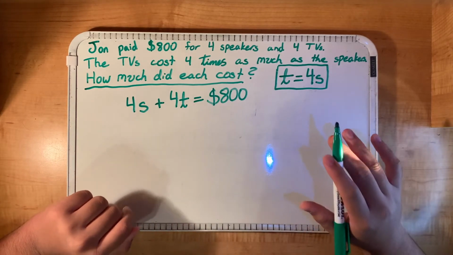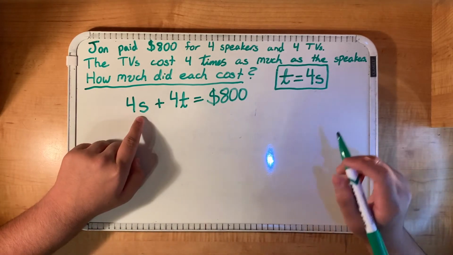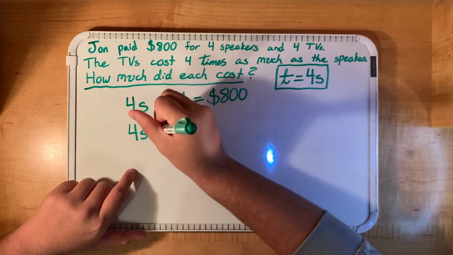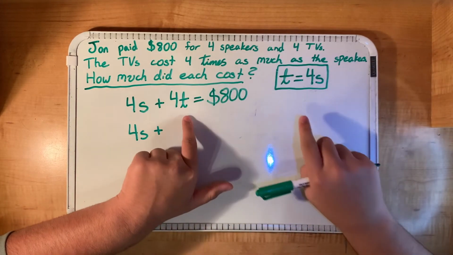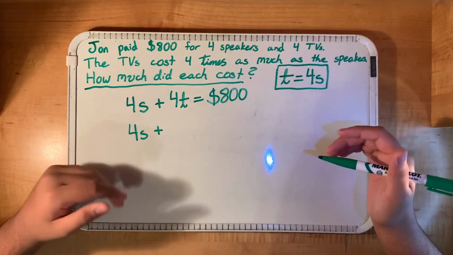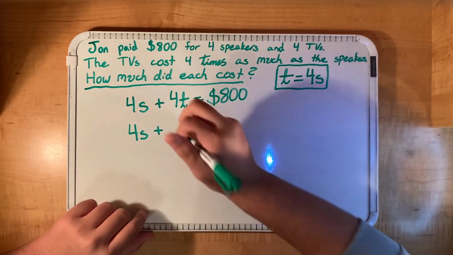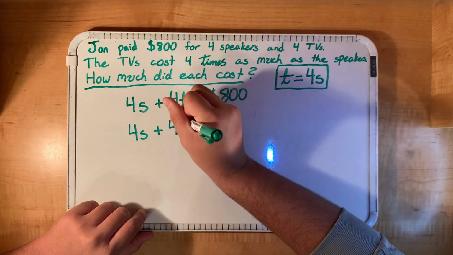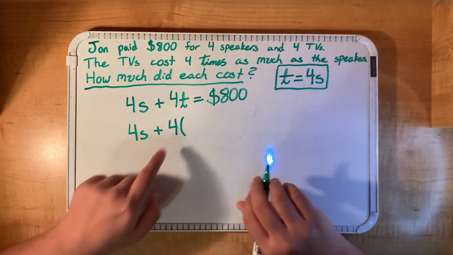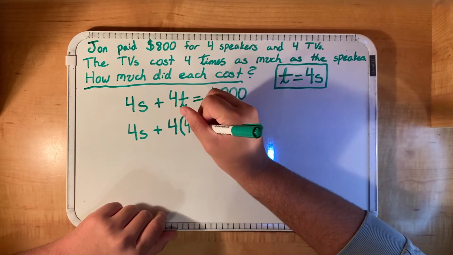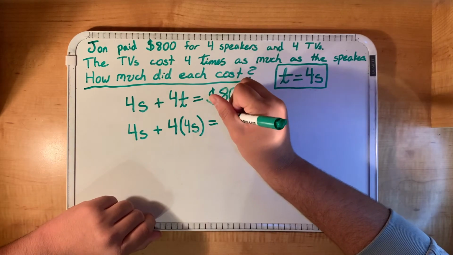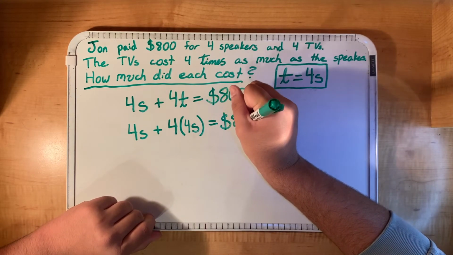The letter that we're going to go with is S. So we have 4S plus, we can replace the T with 4S since they're the exact same price, is equal to $800.